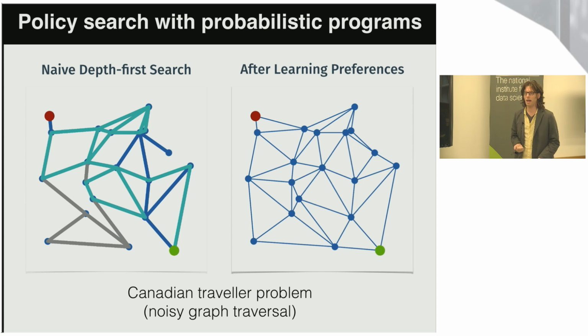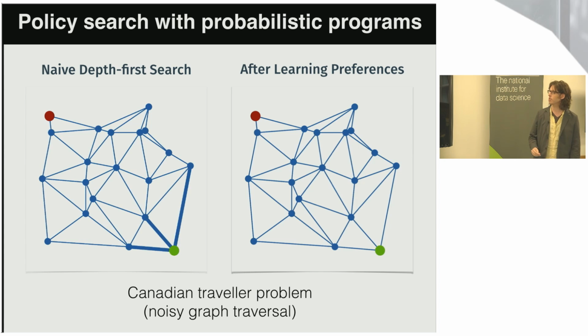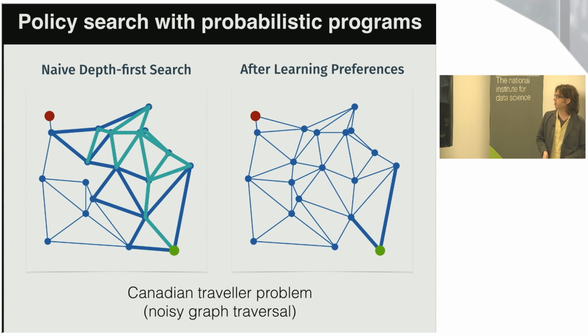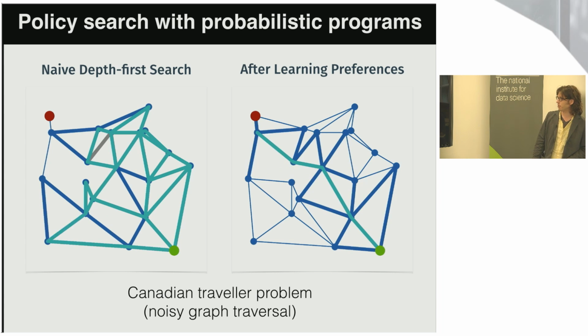And so if you imagine saying, well, I would like to, given all the possible instances of this graph, take my depth first search, which is going to represent an agent traversing this graph, and learn a distribution over what choice to make at every node in this graph. After you learn these sorts of preferences, you learn an agent which has pretty good heuristics for where to travel when.